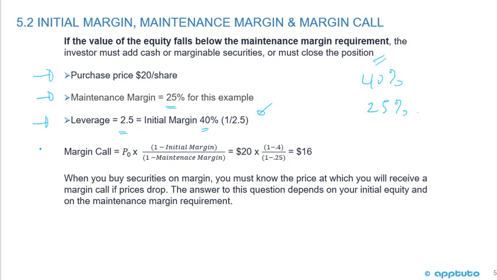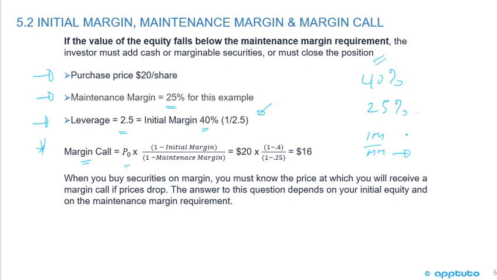This is a formula that you absolutely must memorize and recall. It's the price at which you receive a margin call, okay? The way that we calculate it is our initial price times 1 minus the initial margin over 1 minus the maintenance margin. I always remember that as IM over MM. But of course, just remember, the maintenance margin is going to be lower.